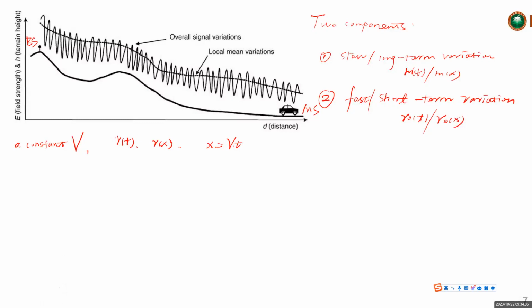So if we want to get the real complex envelope r(t) and r(x), what we should do is take the product of these two terms. That means r(t) equals the product of m(t) and r0(t), and also this term is the product of m(x) and r0(x) together.